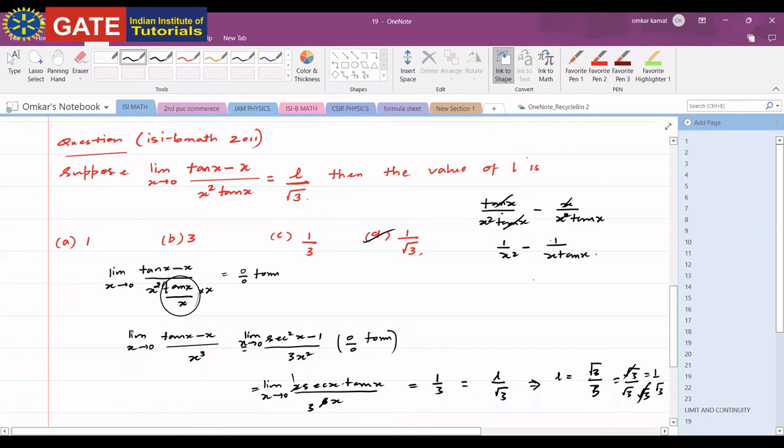Now after this, what will you do? X tends to 0, this will be 1 by 0, infinity minus infinity form. But can we apply the L'Hopital rule here, because it is infinity minus infinity form? No. I told you, only 0 by 0 form or infinity by infinity form. Only for these two forms is the L'Hopital rule applicable. Again, if you take the LCM, you'll get back to this only.